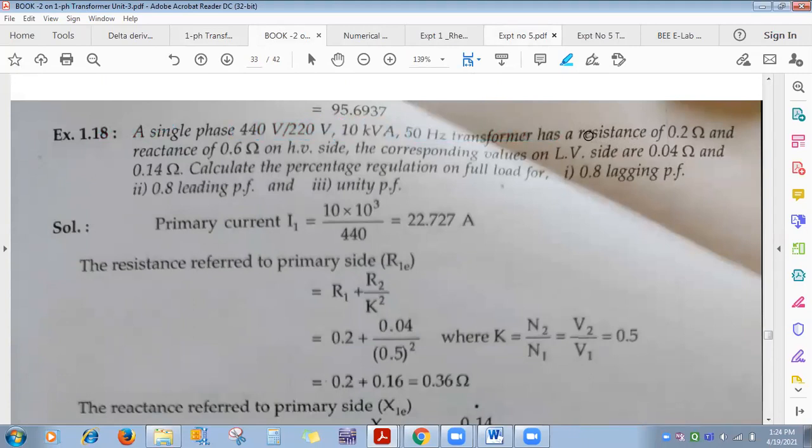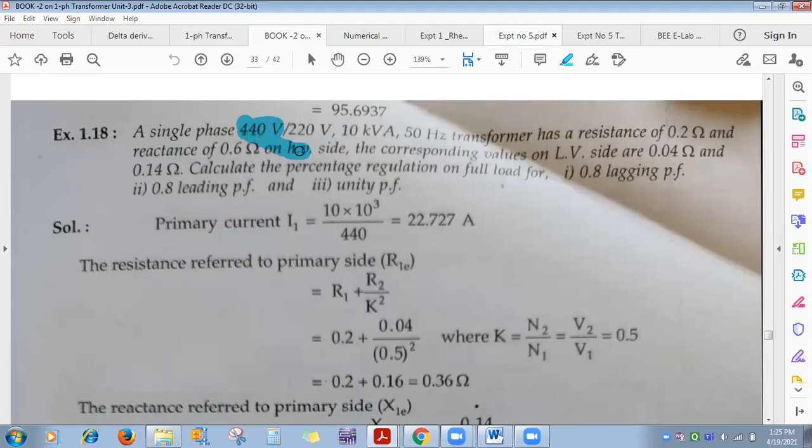It has a resistance of 0.2 ohm and reactance of 0.6 ohm on the HV side. Now HV and LV is what? HV stands for high voltage. LV stands for low voltage. Now if you observe 440 volt and 220 volt, 440 volt is more.